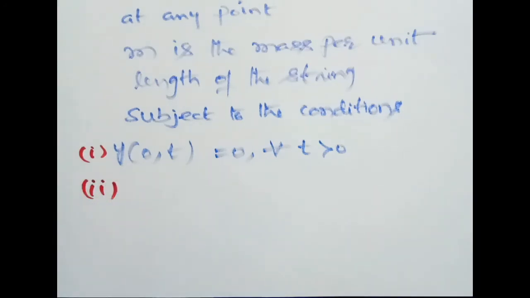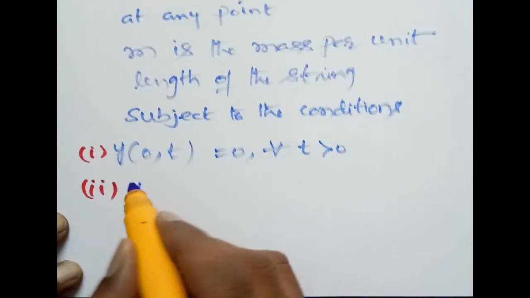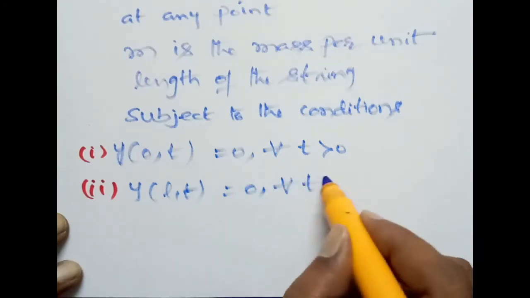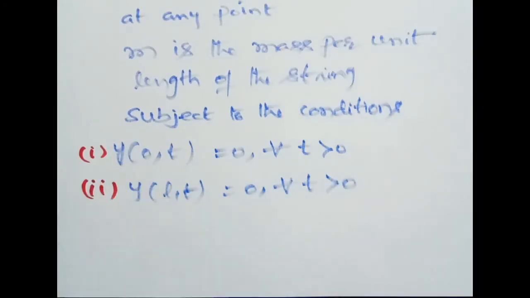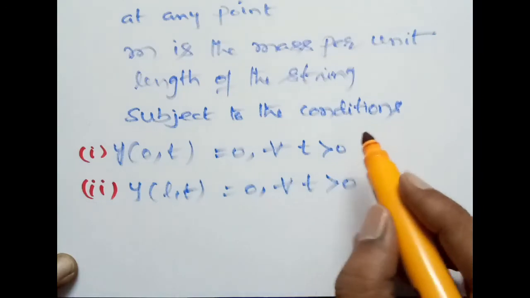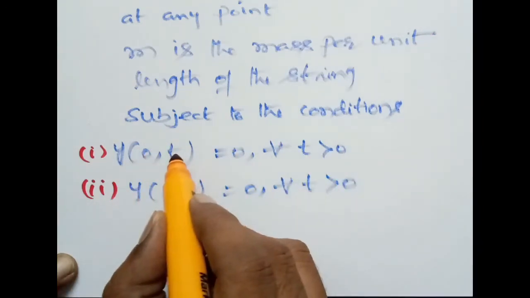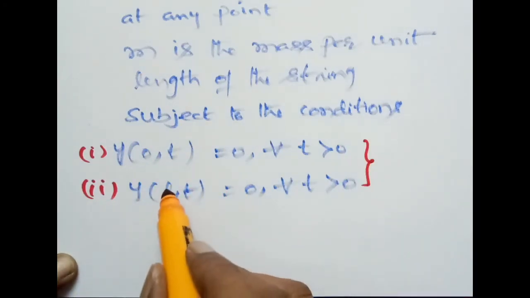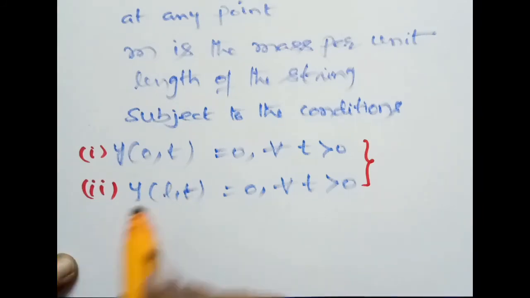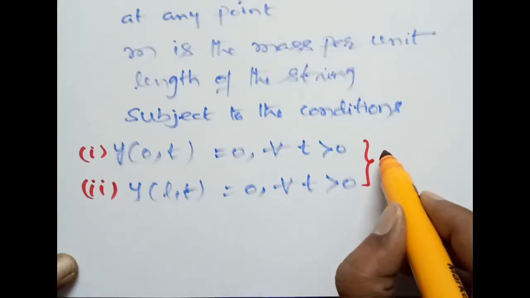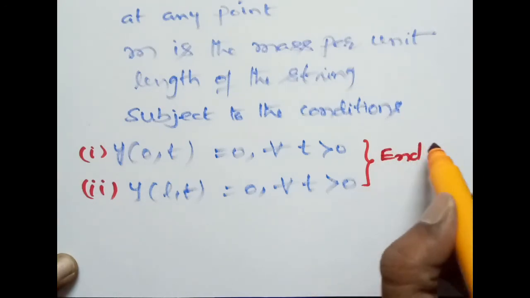Second one, y of L comma t equal to 0 for all t greater than 0. One endpoint is 0. There is no displacement at the end points. So displacement at any time t at the origin is 0, and at the other endpoint L, there also there is no displacement at any time t in the string. These two conditions are called end conditions or boundary conditions.